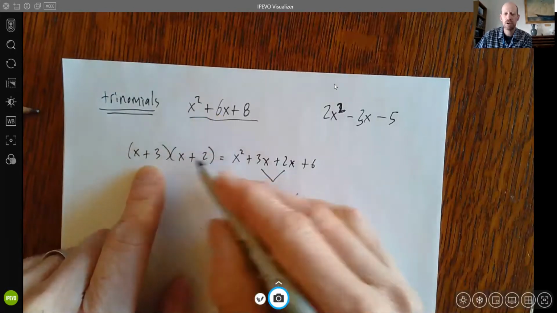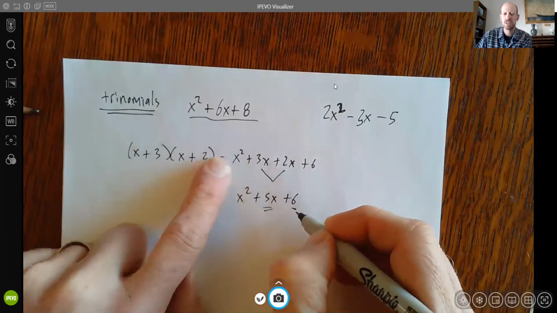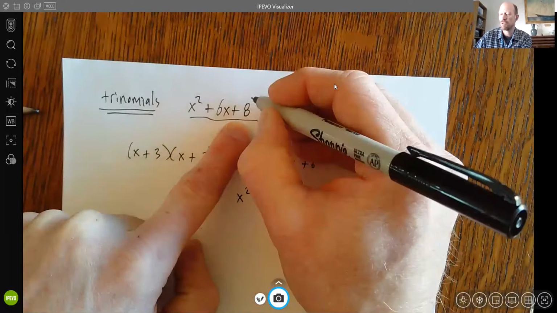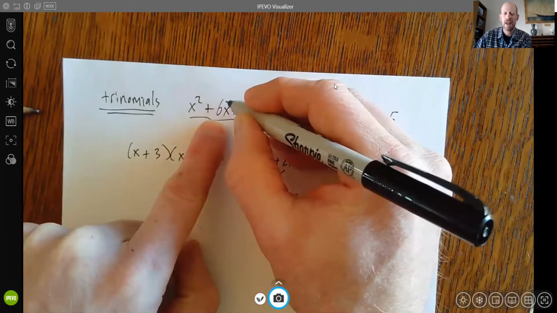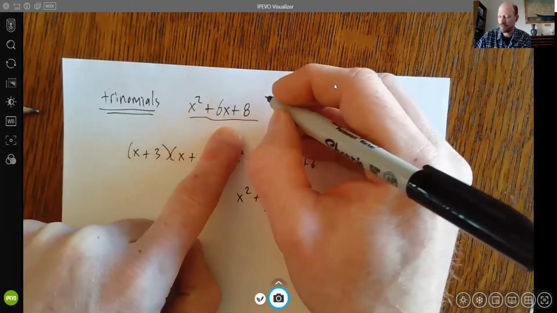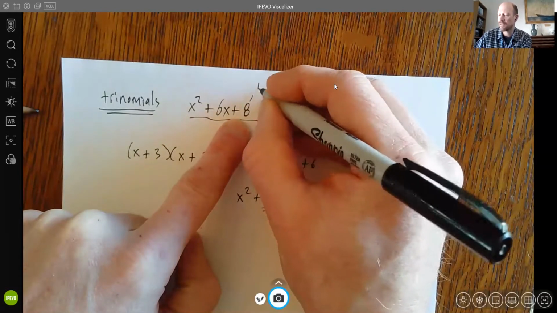The 2 and the 3 multiplied together give me the 6, the constant term at the end. So what I'm looking for are 2 numbers that multiply to give me 8 and add together to give me 6.